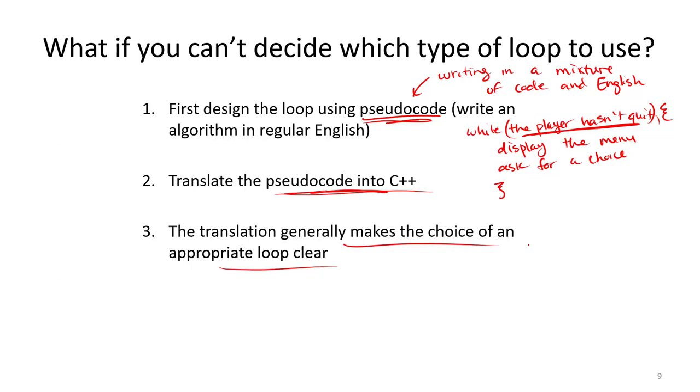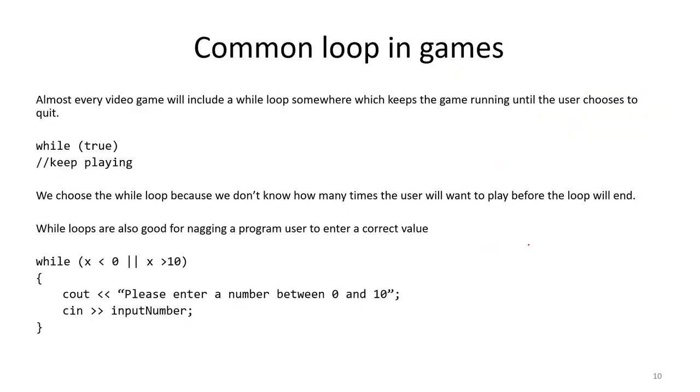So now let's go ahead and look at a few more examples. Here's some really nice loop examples. First is a common loop in video games, apps, and other programs. Very often we will include a while loop somewhere in that program, and that will keep the program running until the user chooses to quit.